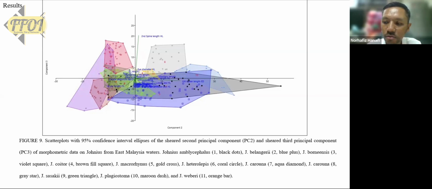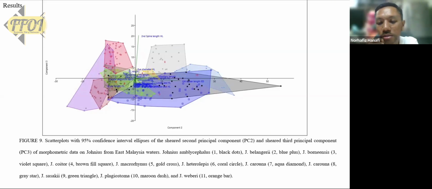How can I make sure that, for example, the second anal spine or eye diameter or geographical length is different between species A and B? How can we make sure this measurement is important to make the key to the species, untuk membezakan mereka?